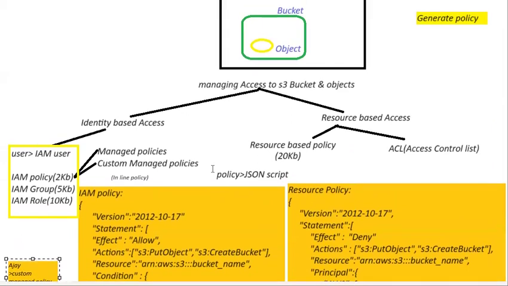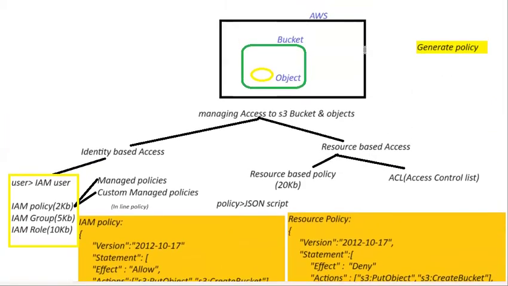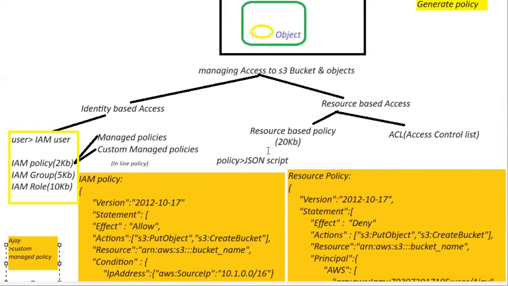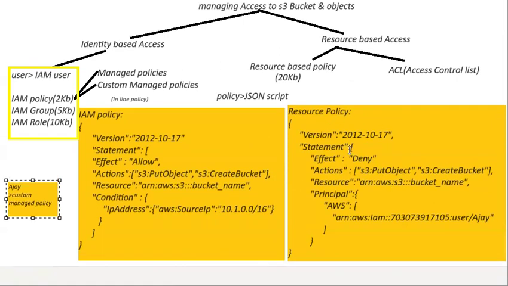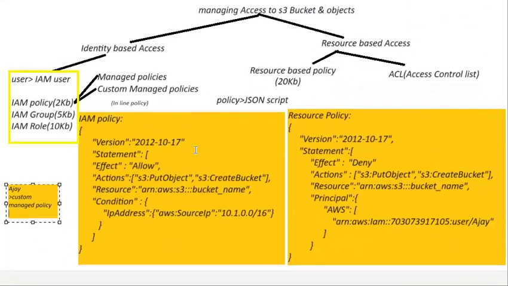Now, which will be considered? Can Ajay access this bucket and do these actions, that is put object and create bucket, or will AWS follow this resource based policy and deny Ajay access to this bucket? That is the question.